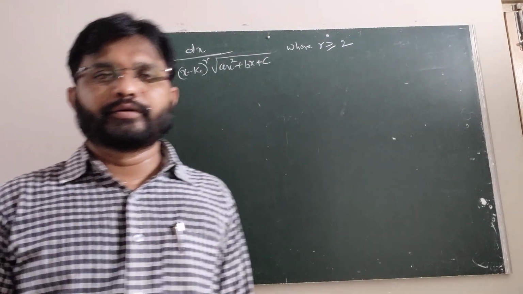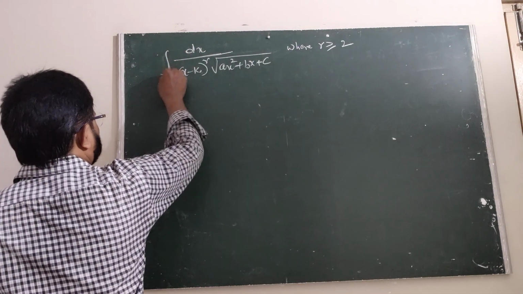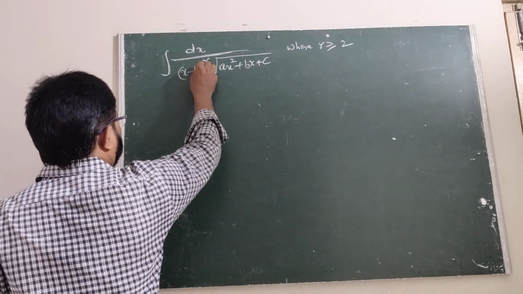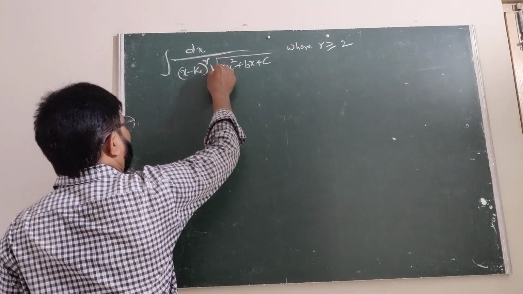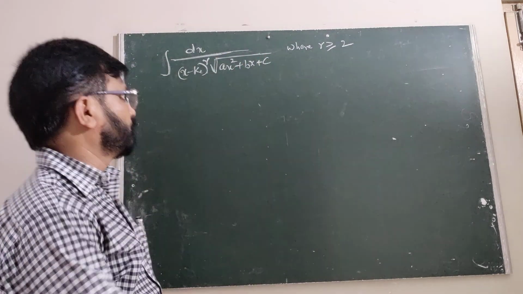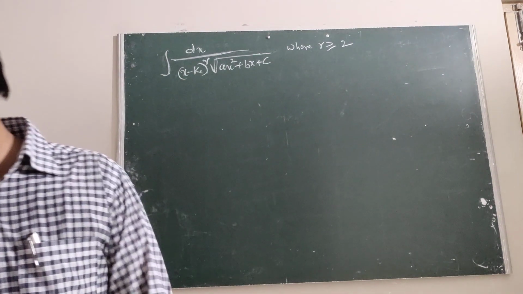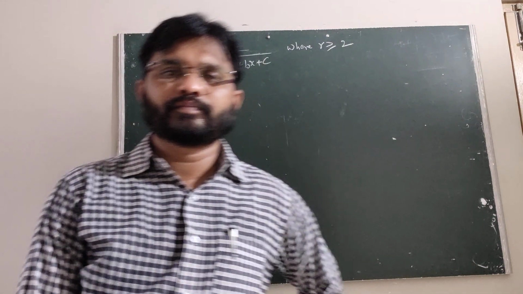So now we are going to discuss another type. Here this is dx upon x minus k whole power r under root of ax square plus bx plus c, where r is greater than or equal to 2. So these are very different models.